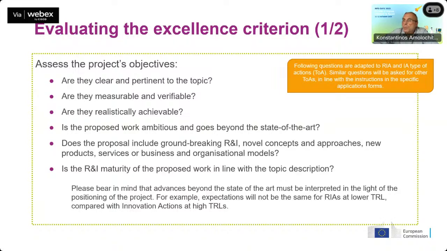And does the proposal include groundbreaking research, innovation concepts, services, products, and so on? So these are the main aspects that you need to consider. And of course, like I said, in the template you have more information in order to provide the details. Next slide, please.